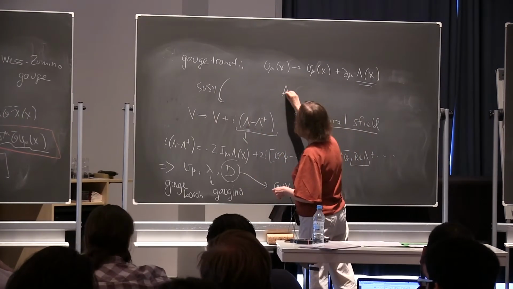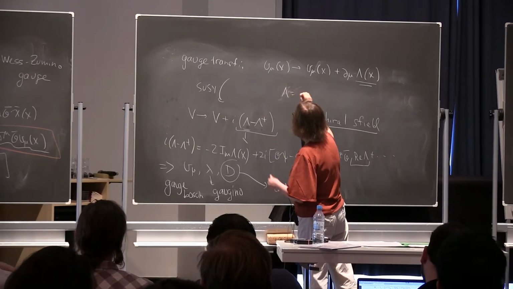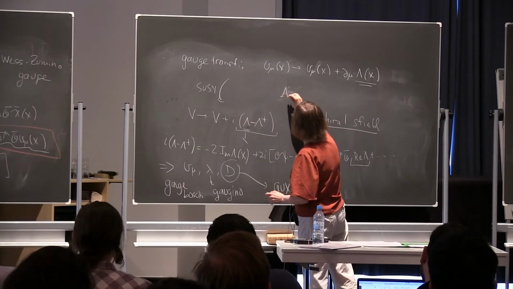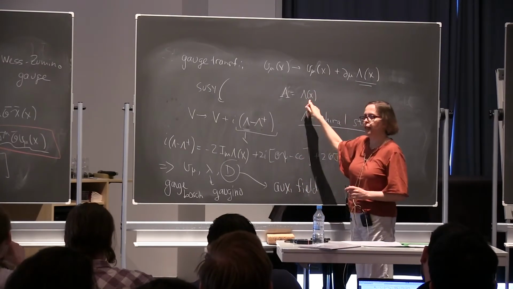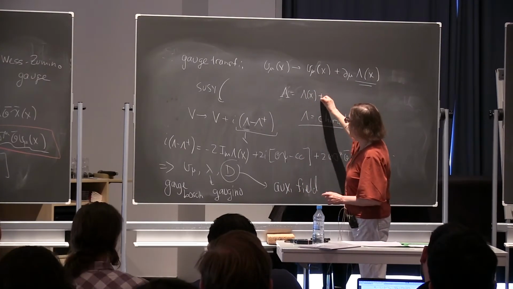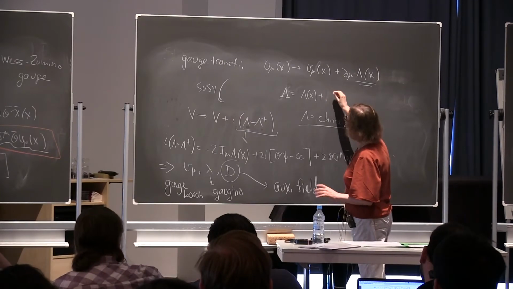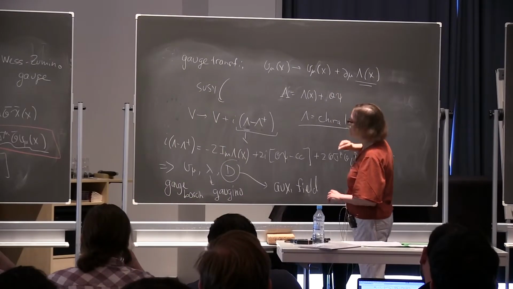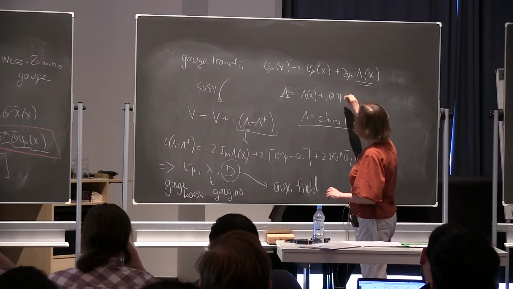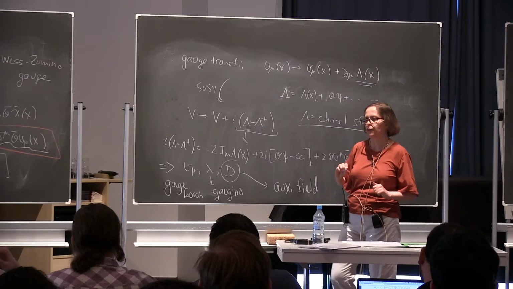So I can write it down as, first of all, let me call it big lambda, and then I have lambda of x, which is just a scalar, and then I have, well, let me not write all the factors, but I have something which looks like theta times psi, and the whole zoo that comes after that.